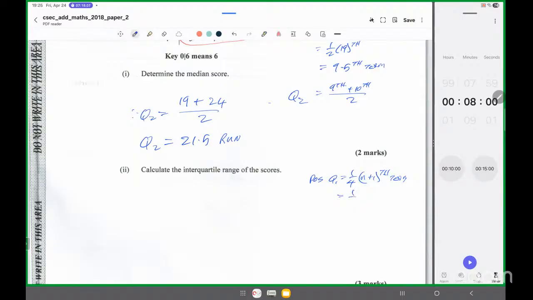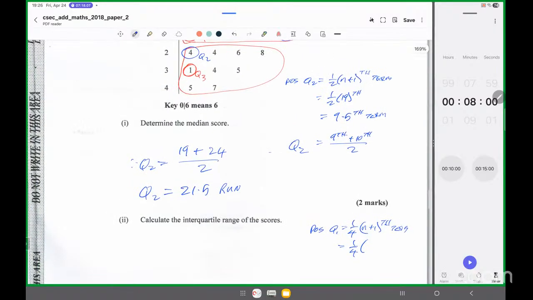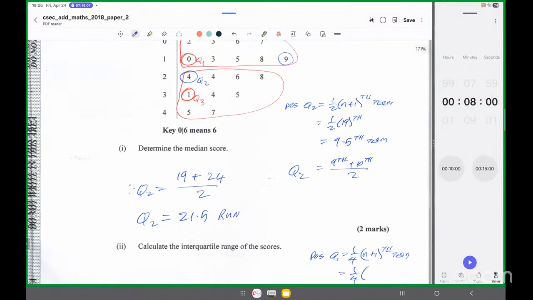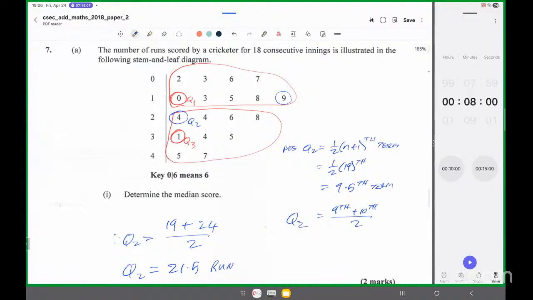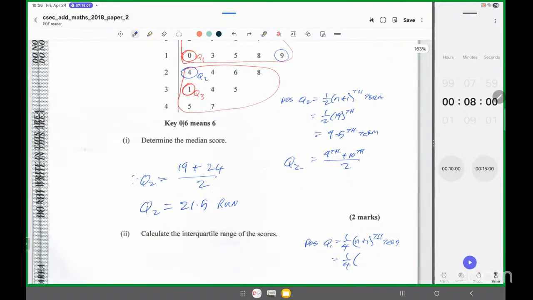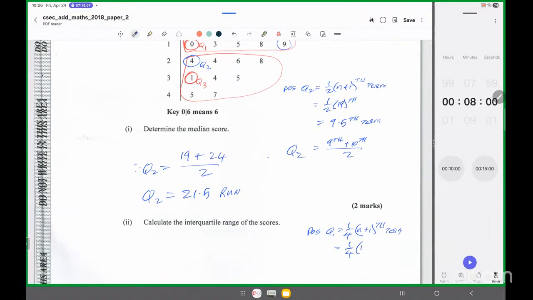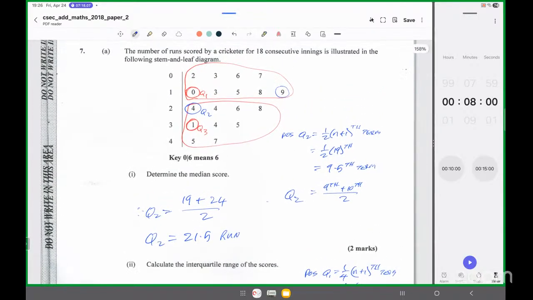So it becomes 1/4 of 19. 18 and 1, 19. 1/4 of 19 is how much? 4.75. That would normally mean the average of the fourth term and the fifth term. Right? And we're going to see if that's right.